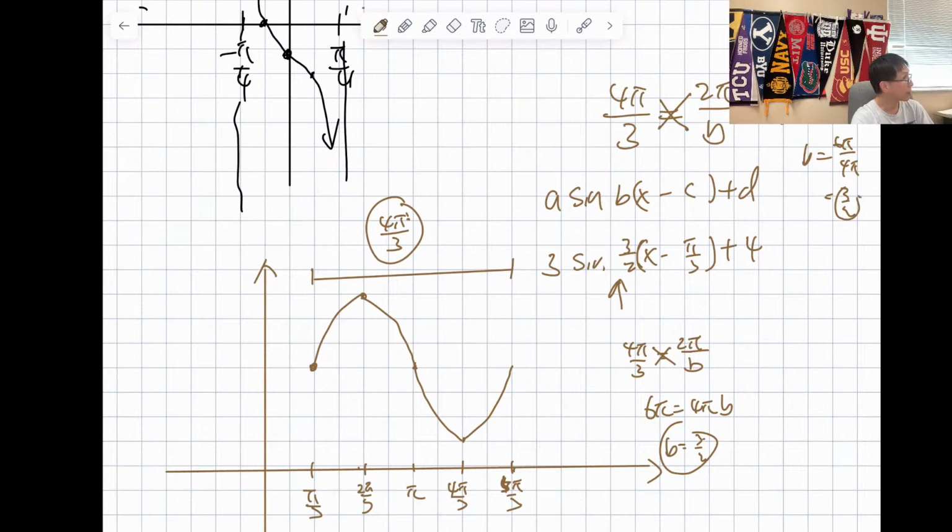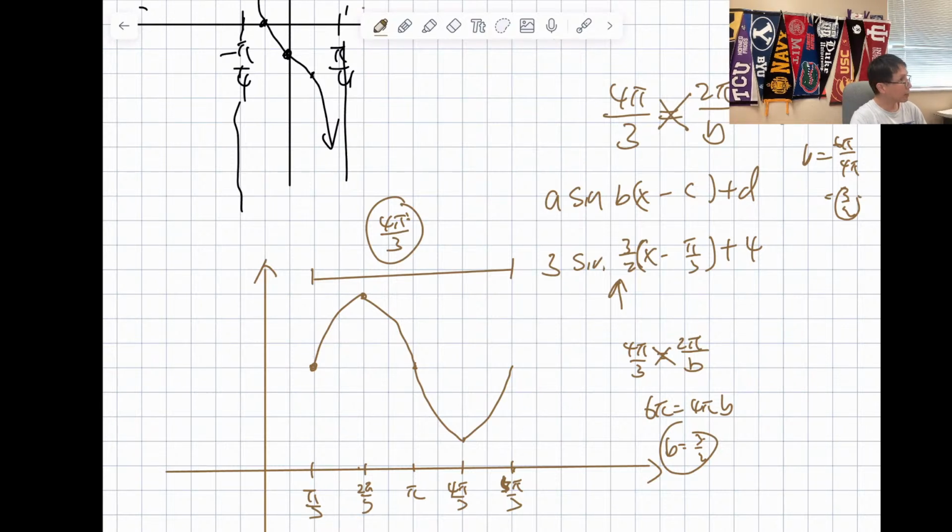Yes. Okay, so for the second one, I got 8 pi over 8 equals b. So would b just equal pi, or would it equal 1? That one is secant, so it's kind of hard to tell. We have 3 pi over 8 to 7 pi over 8 to 11 pi over 8. So 3 pi over 8 to 11 pi over 8 is roughly what? 11 minus 3 is 8, so it's 8 pi over 8, so it's pi.